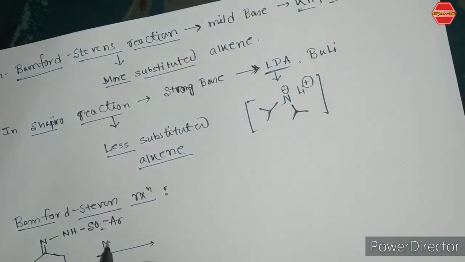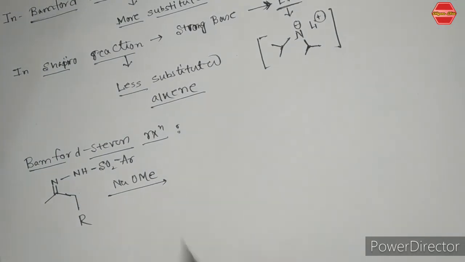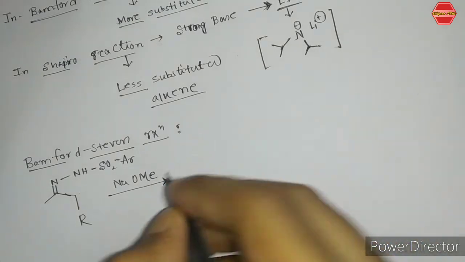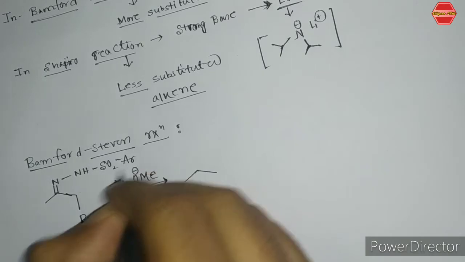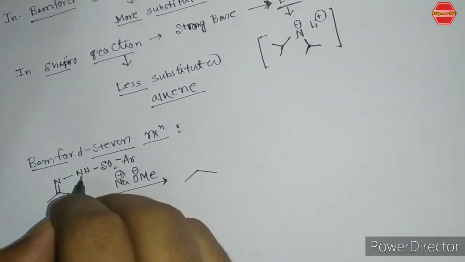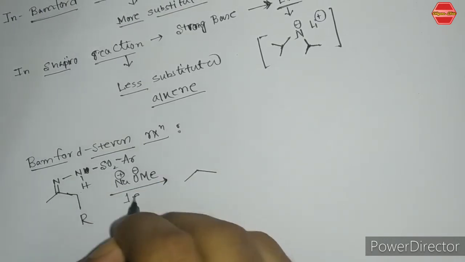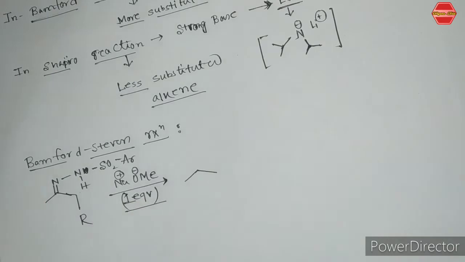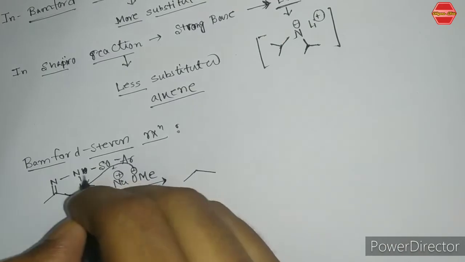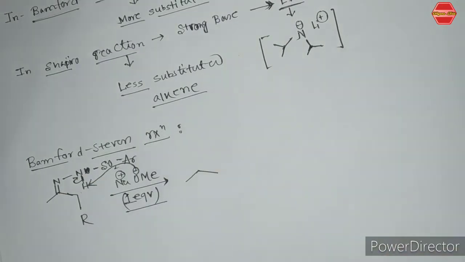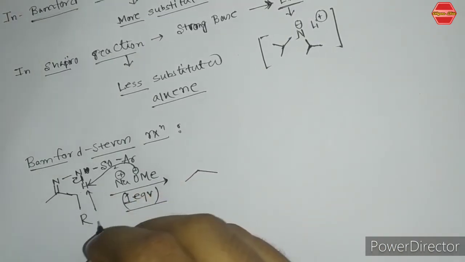So we have chosen this base, sodium methoxide, and it is used in only one equivalent. This OMe minus can attack the hydrogen, leaving the negative charge on the nitrogen. This is because of this acidic proton. This is quite acidic.